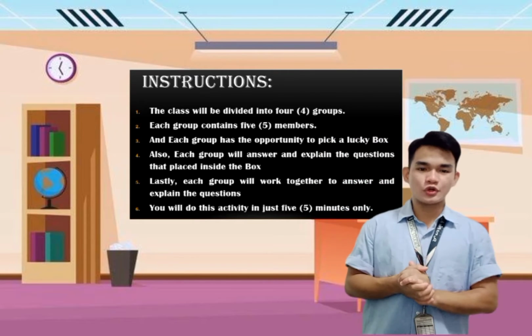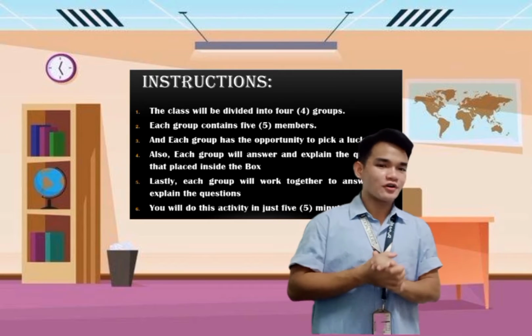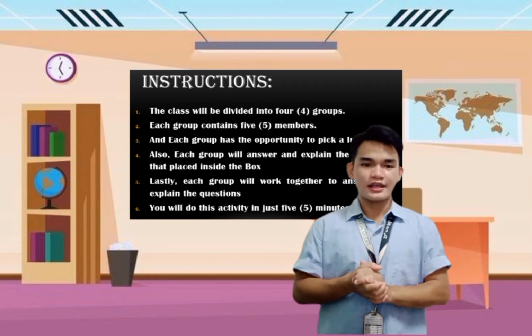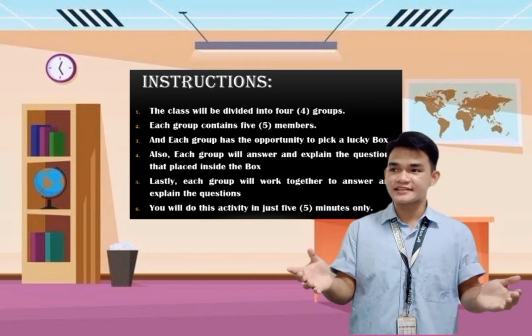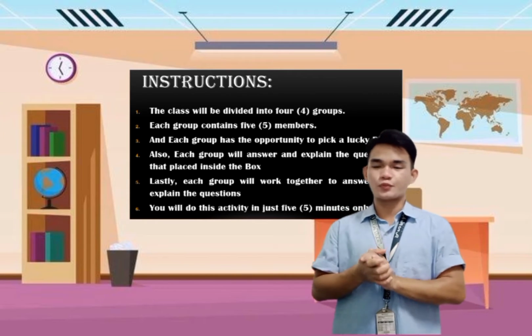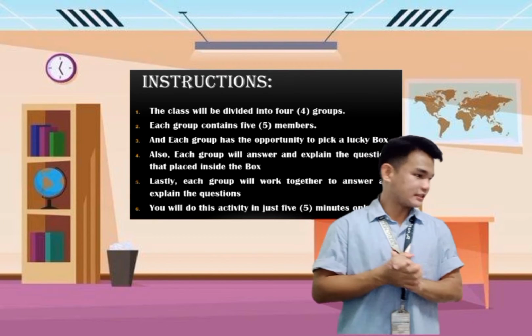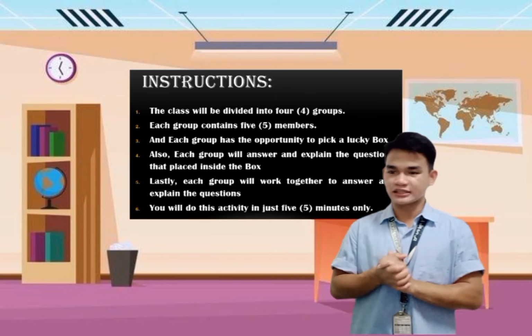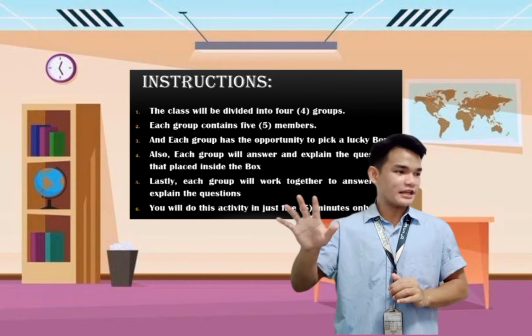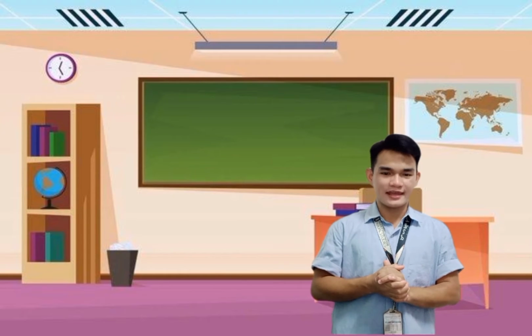Third, each group has the opportunity to pick a lucky box. Fourth, each group answers and explains the question placed in the box. Fifth, lastly, each group will work together to answer and explain the questions. Sixth, you will do this activity in just 5 minutes only. Do you understand, class? Okay.